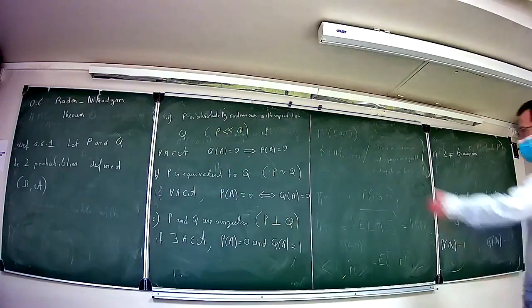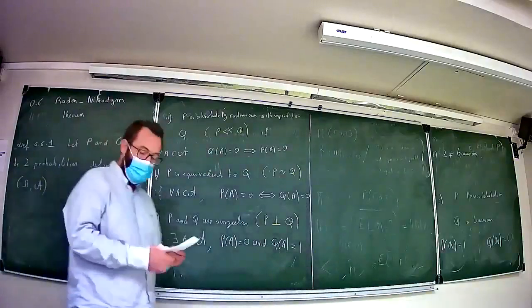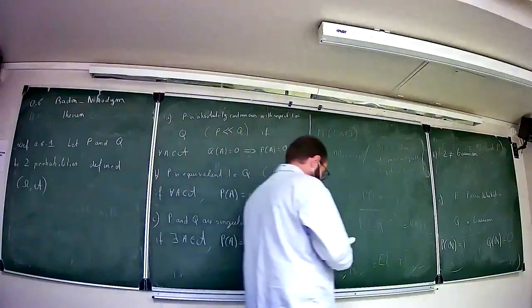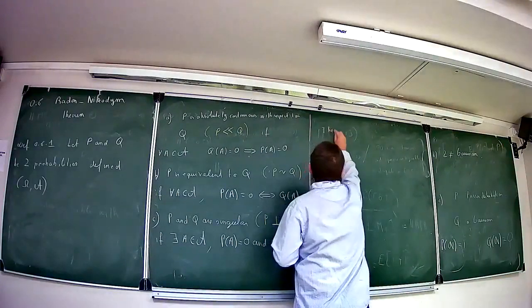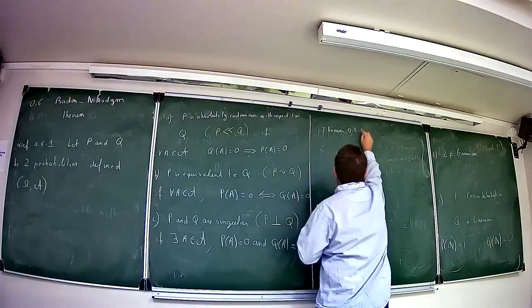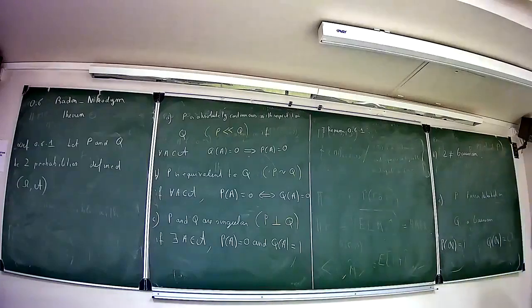And in fact, this is the aim of the Radon-Nikodym theorem, which tells you the following. Once again, it is a theorem that is not easy to prove. You have to come back to the very beginning of measure theory in order to prove this result.